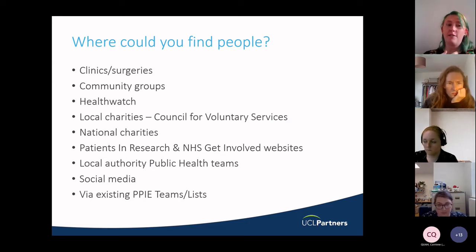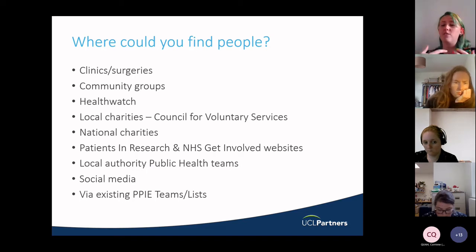Or it could be local community groups such as residents associations or mums and baby groups, or something completely different. There are loads of different organisations out there, and lots of those people are willing to be involved in activities that might shape and support their future care, because a lot of these communities really care and are really passionate about their health. It's just that they're not necessarily reached out to in the right way.